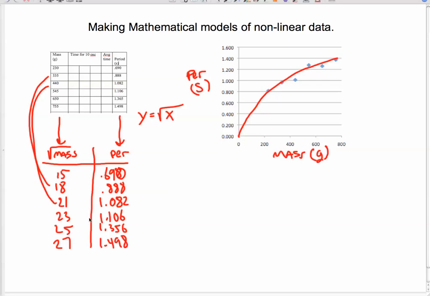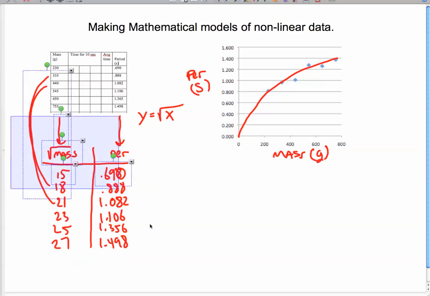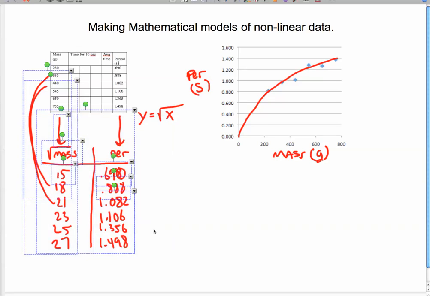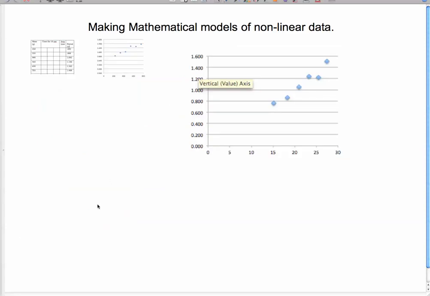So here's the data that I've got, and I'm going to haul it over to the next page and take a look at a graph of that.